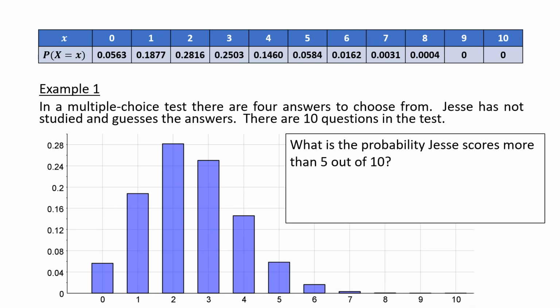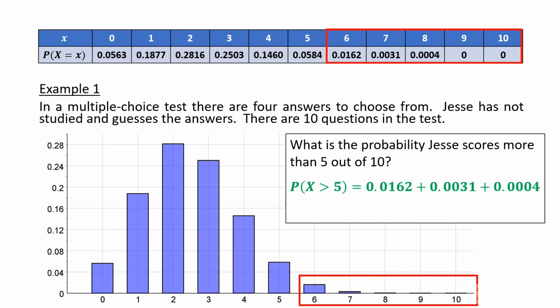All right, here's the question we're going to answer for this example. What is the probability Jessie scores more than 5 out of 10? Well, the probability of getting more than 5 means either 6, 7, 8, 9 or 10 out of 10. So we can either read off the graph or read off the table, and we can add up all these probabilities.